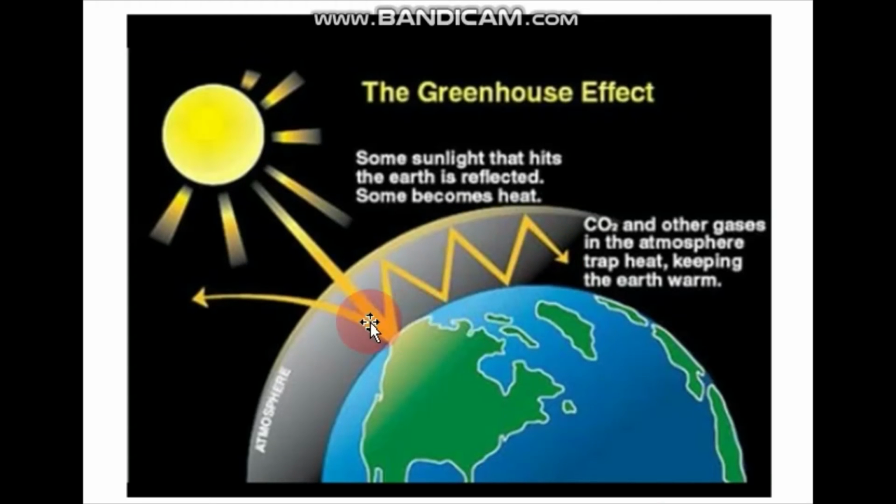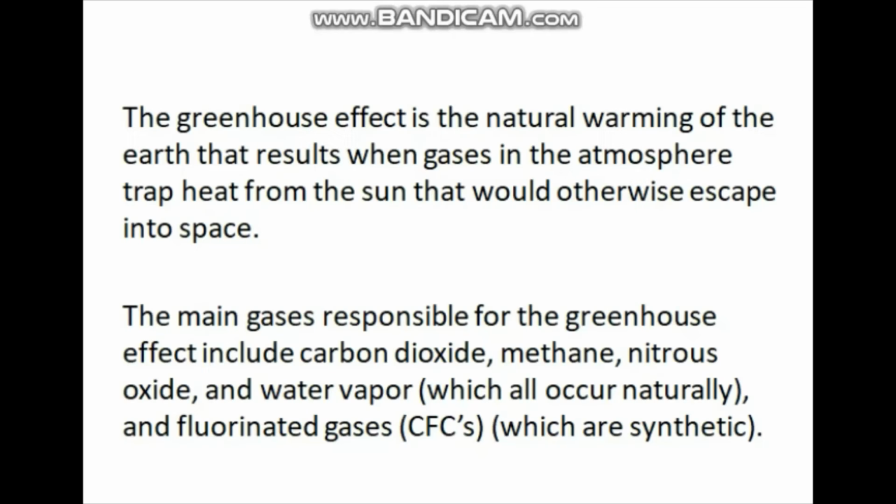Now the phenomenon of these greenhouse gases, including carbon dioxide gas, is to trap heat. And for that matter, the more of the carbon dioxide we have, the more heat that is going to be trapped. And that is the concern we are having now.